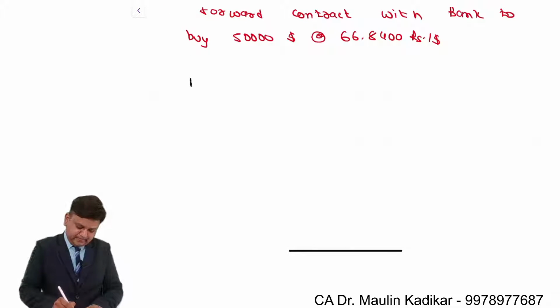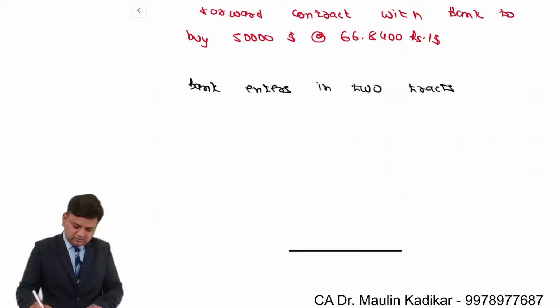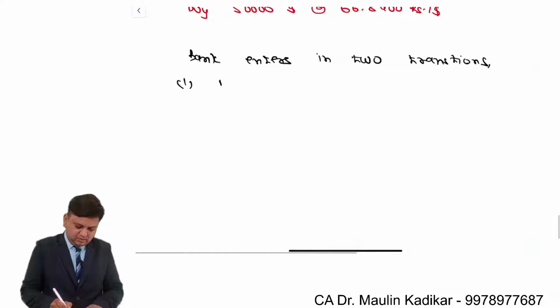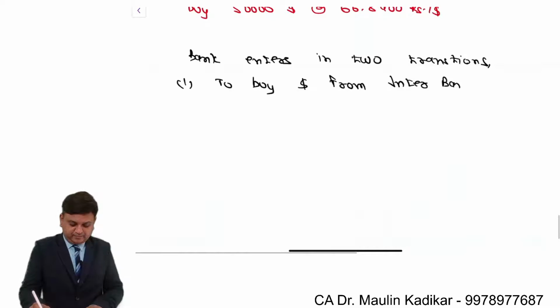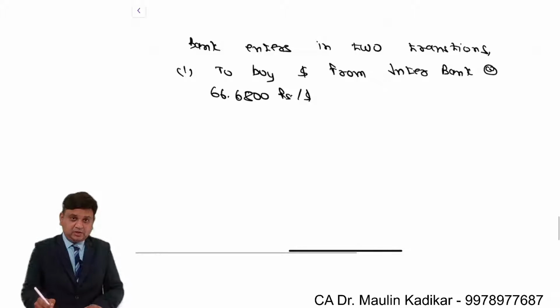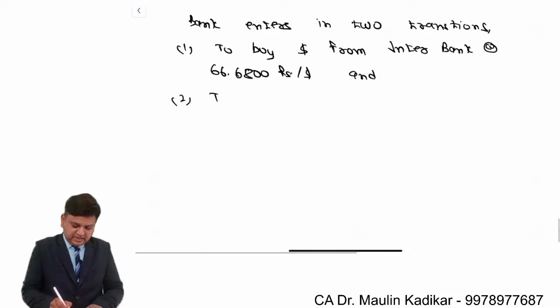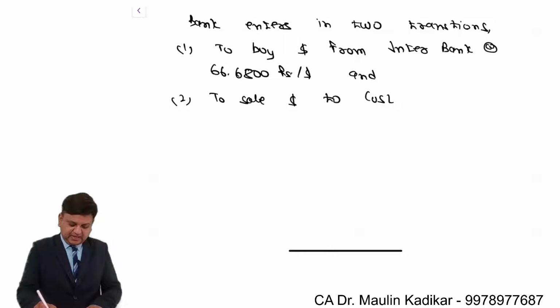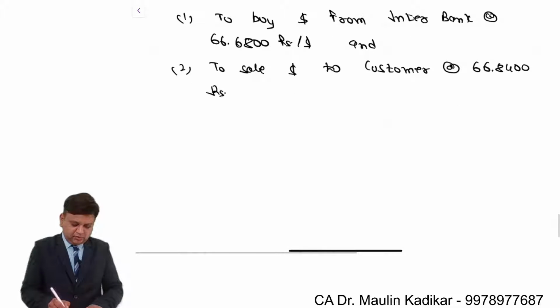With paragraph, write down: the bank enters into two transactions, one to buy dollar from interbank at the rate of 66.68 rupees per dollar, and second to sell dollar to the customer at the rate 66.84 rupees per dollar.